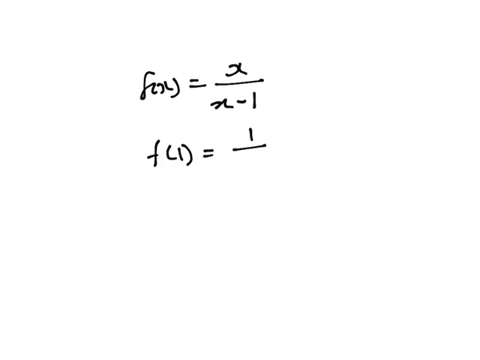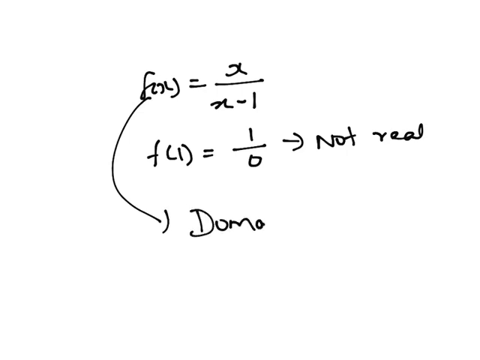You will get 1 by 0, which is not real. So for this function, the domain is all real numbers except 1.